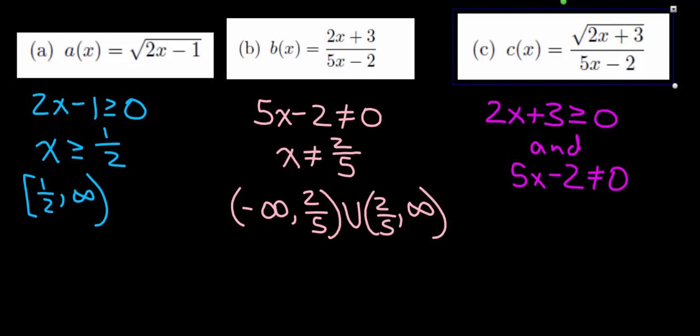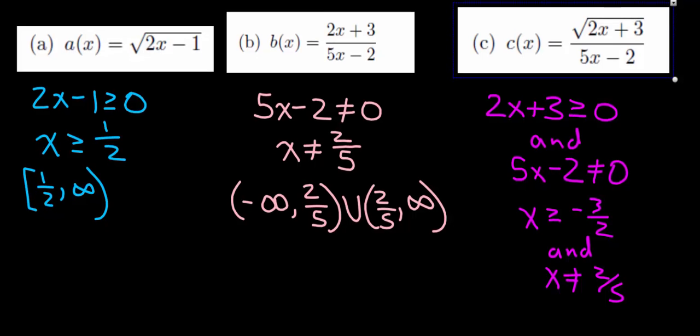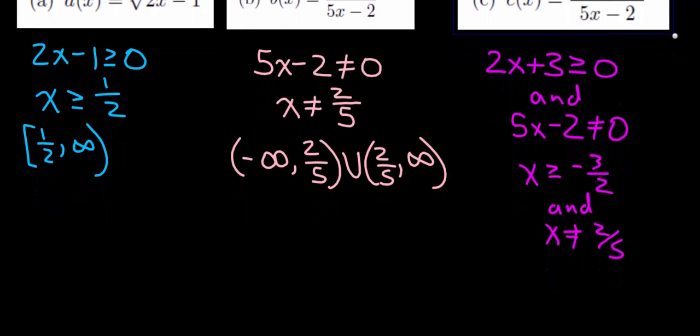We can't plug in any x's that violate either one of these. In other words, x has to be greater than or equal to negative 3/2, and x cannot equal 2/5. Those are the two conditions that have to be met. If an x wants to be part of the domain, it has to meet those two conditions.